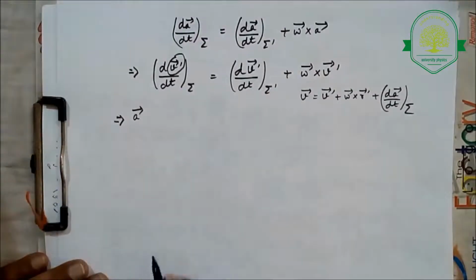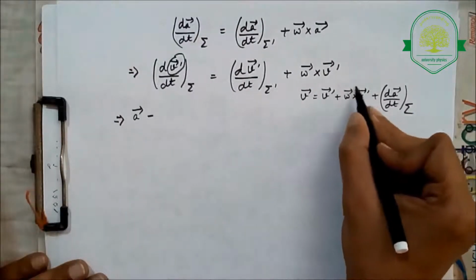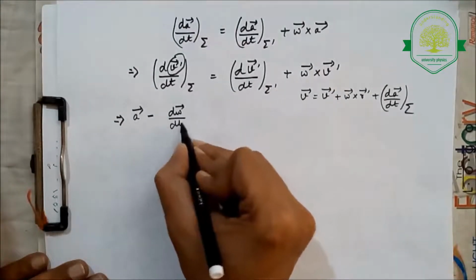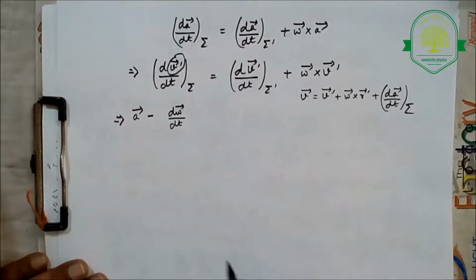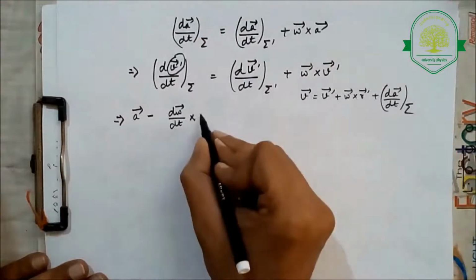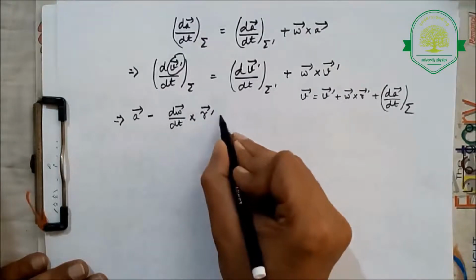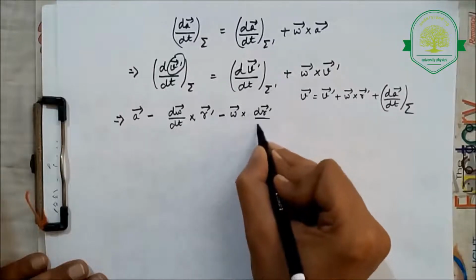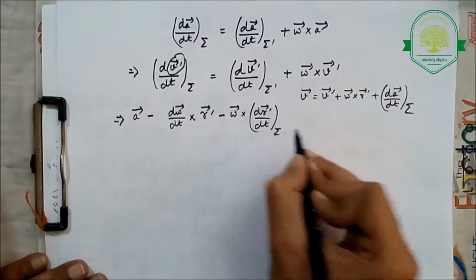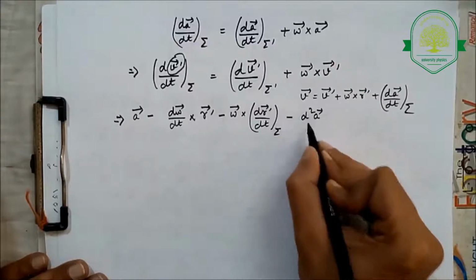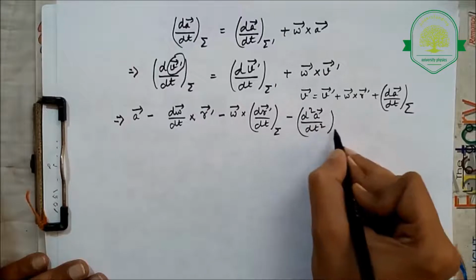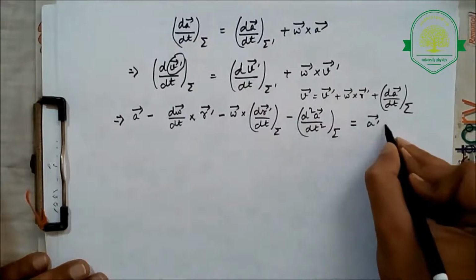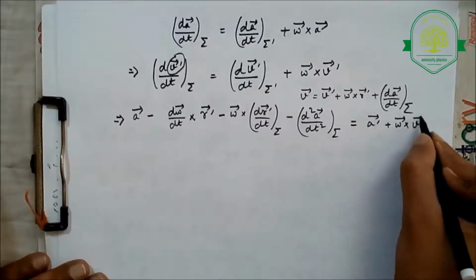That's just a minus the derivative of this term with respect to the sigma frame of reference. That just becomes d omega over dt cross r primed minus omega cross dr primed over dt as seen from the sigma frame, minus d squared a over dt squared as seen from the sigma frame, equals, this term is just a primed plus omega cross v primed.